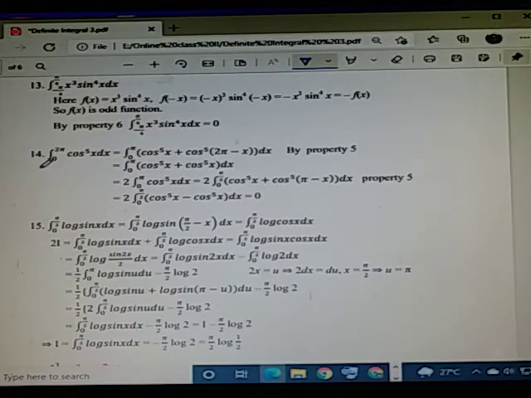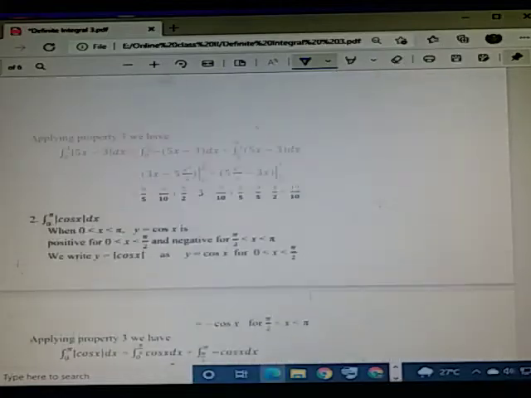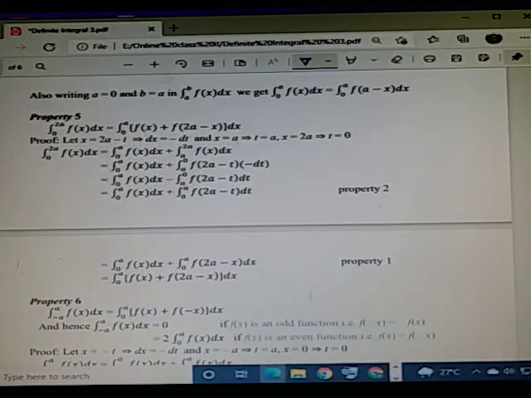Next, number 14. Here we are applying property 5. I remind you of property 5: the integral from 0 to twice a. If the lower limit is 0 and the upper limit is twice a, then you break this into 0 to a, with f(x) plus f of twice a minus x.